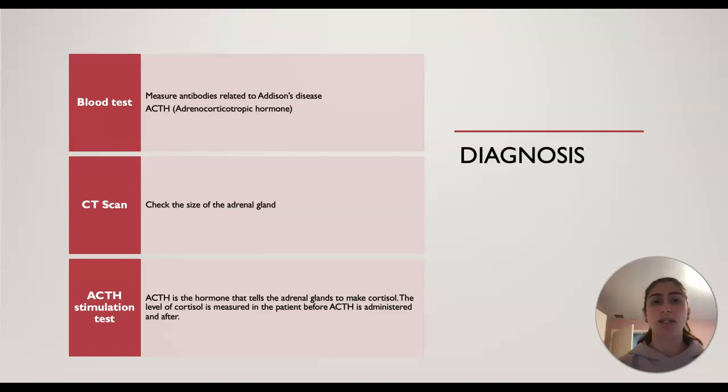Usually in Addison's disease, the adrenal gland is smaller than it should be. And there's also an ACTH stimulation test. Again, ACTH is known as the adrenocorticotropic hormone. And in this test, the amount of cortisol in the patient is measured before and after the test administers ACTH to the patient.